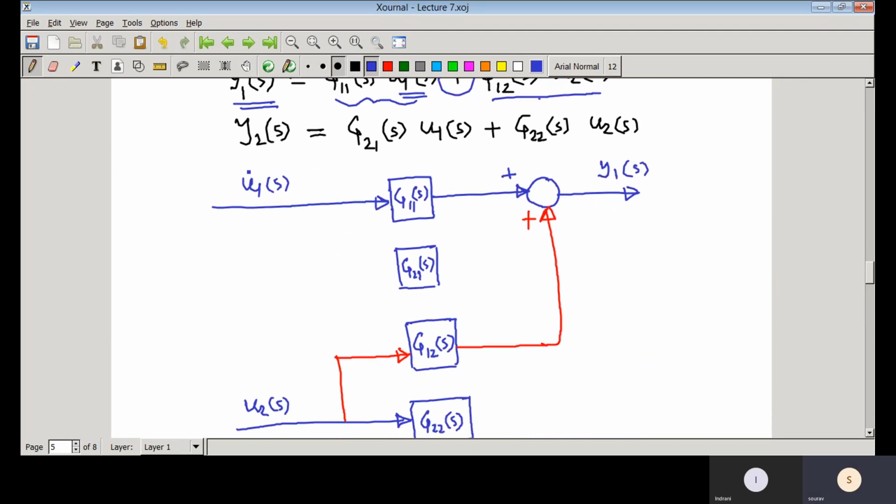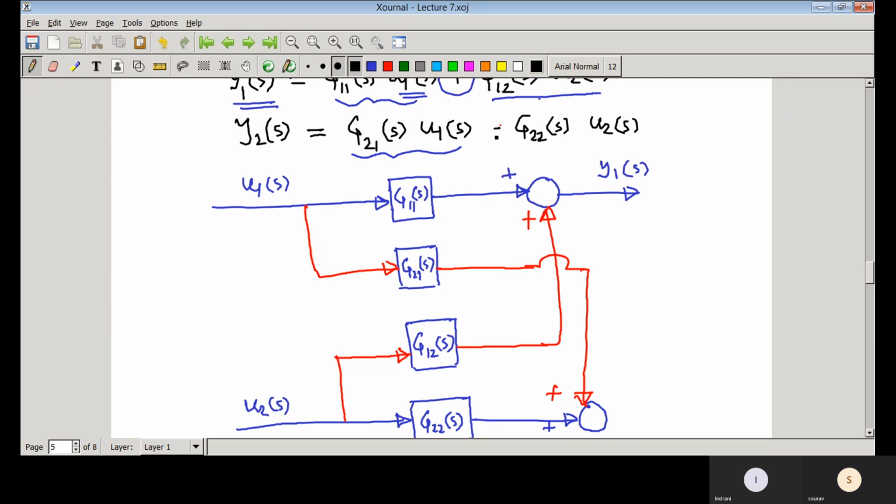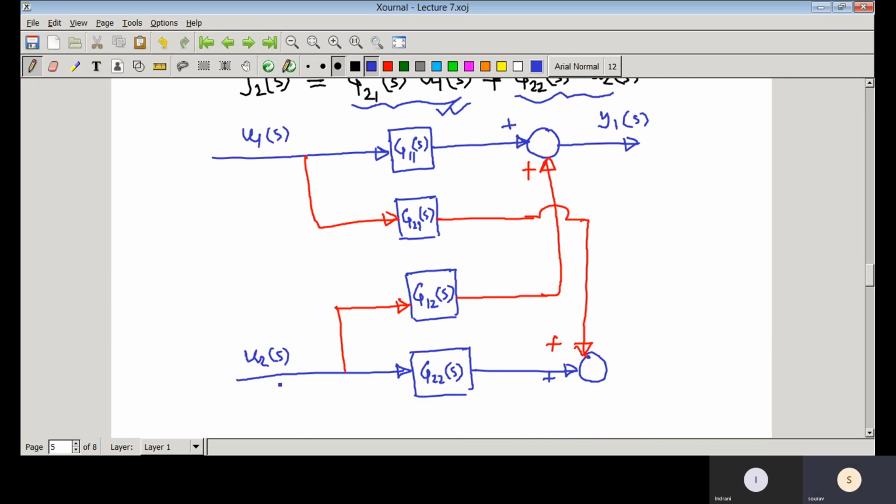Similarly, you can see here Y2(s). You will get it if you take the sum of this G21(s) into U1(s) and G22(s) into U2(s).